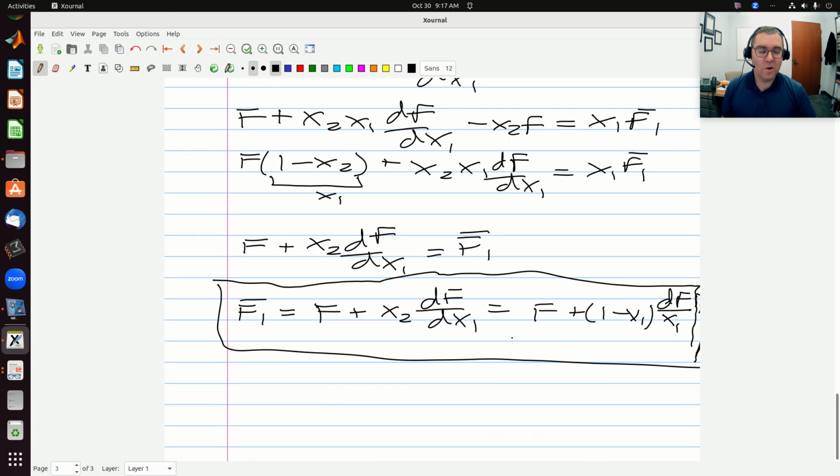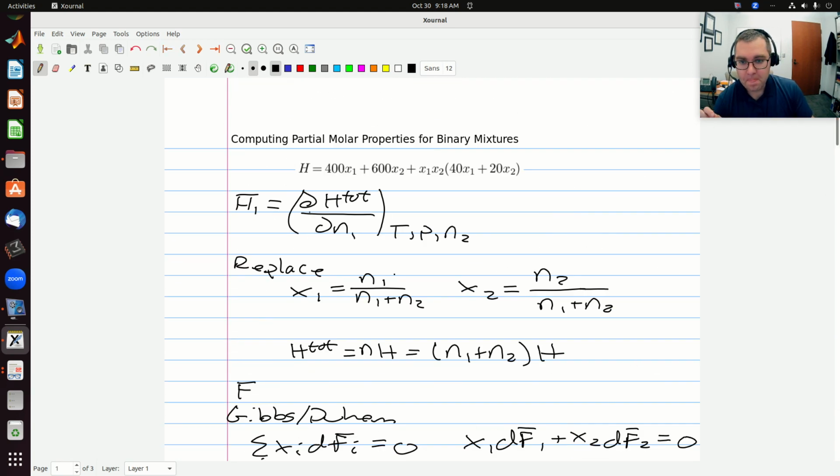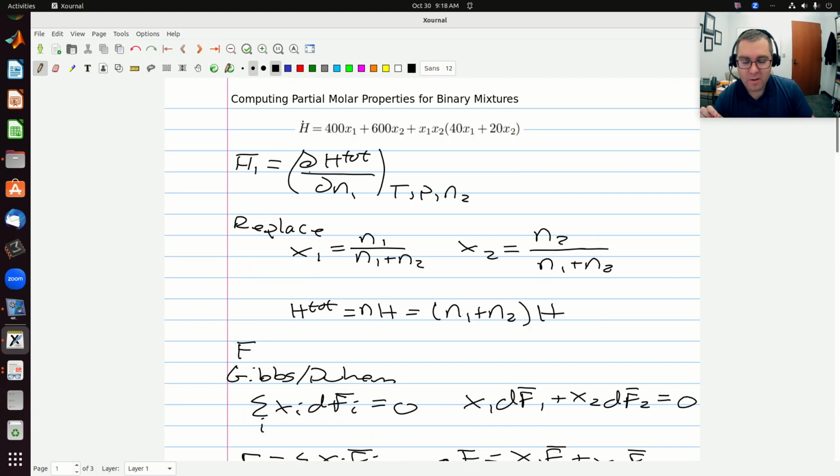Okay, so the motivation for this, bringing it back to where we started, is if I have expressions for my molar properties in terms of mole fractions, and I wanted expressions for my partial molar properties, I would need to replace mole fractions with their definitions in terms of moles. I would need to take my expression and multiply it by n so I get my extensive value.